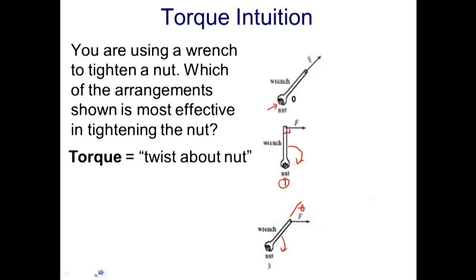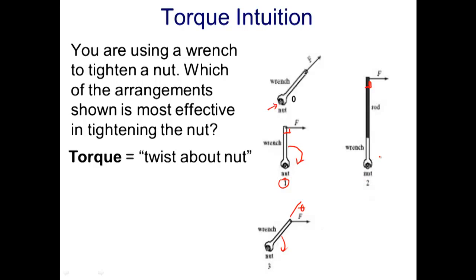Now, is there a way to twist it even tighter, to put more torque on it with the same amount of force? Well, yes, there is, if you have an extension bar. If you have an extension bar and you pull with the force perpendicular to the extension bar at the end, then that's going to give a considerable amount more twist or more torque than case number one here.